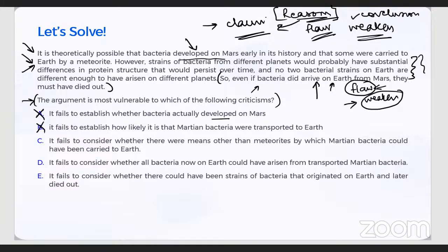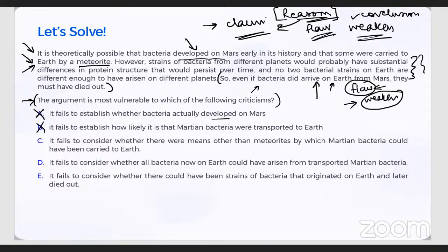Option C. Now, option C is saying that the flaw is that the argument is not considering other ways in which bacteria might have traveled from Mars. Now, see, this might be a fact. They're only talking about the fact that it was transported to Earth by a meteorite. Yes, it is a fact that they're not considering the other ways in which bacteria might have traveled from Mars. But is this a flaw? The method of transportation is not the focus of the argument.